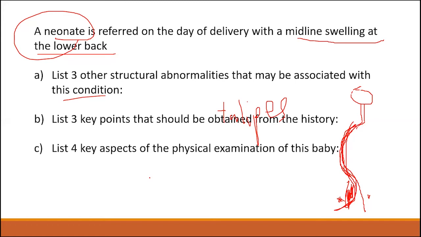Then you also want to examine the mass, to see its anatomical location and its size. And then measure the weight, to find out if the weight corresponds to the norm.